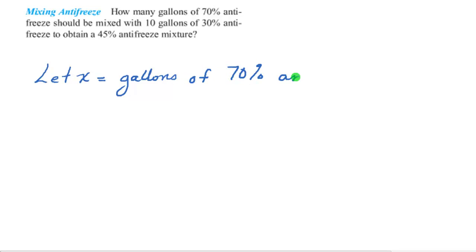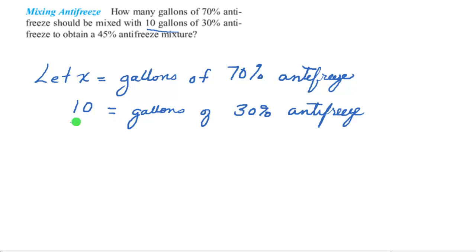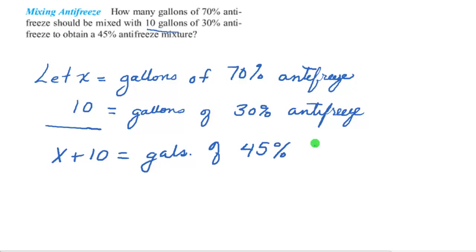So we're going to again define our variables, and X is going to be the number of gallons of 70% antifreeze solution that we're going to mix to the 10 gallons of 30% solution. Notice how I write these down, and of course we're mixing the two together, so we're going to have X plus 10 gallons of the resulting solution, which is our 45% antifreeze mixture.